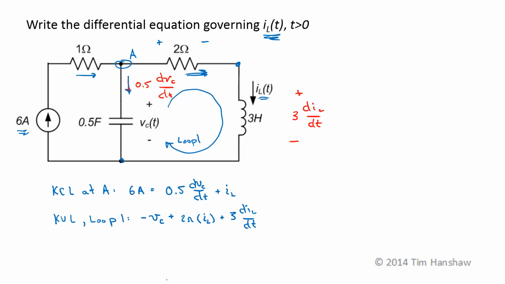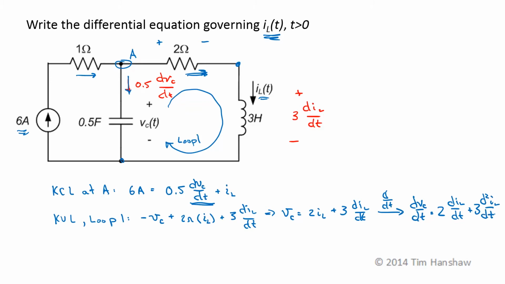The easiest thing is probably to solve one of them for V sub C and plug that into the other one. This one's easy to solve for V sub C. V sub C is 2IL plus 3 dIL by dt. I need dVc by dt, so if I differentiate this with respect to time, I get dVc by dt equal to 2 dIL by dt plus 3 d squared IL by dt squared.